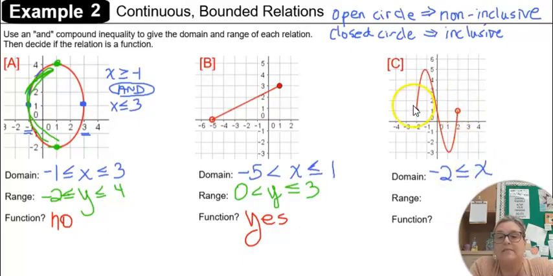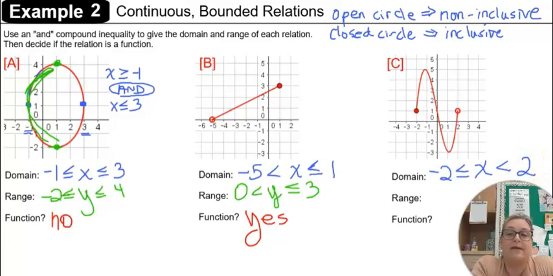Okay, then our highest possible x value is +2. That's an open circle, so we're going to keep non-inclusive on that endpoint. So our bounded interval is between -2 and 2. The -2 is inclusive, and it's open on the right side, so +2 is non-inclusive.